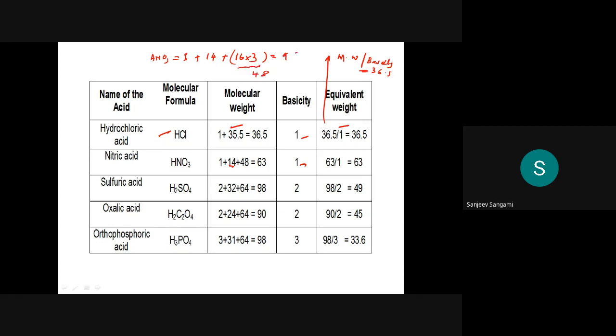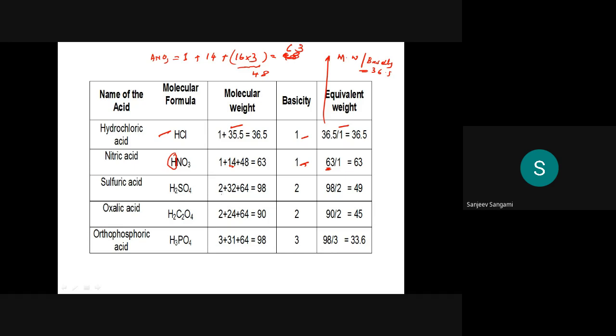So they got 63. Its basicity is 1, since there is one replaceable H, so the equivalent weight is 63.